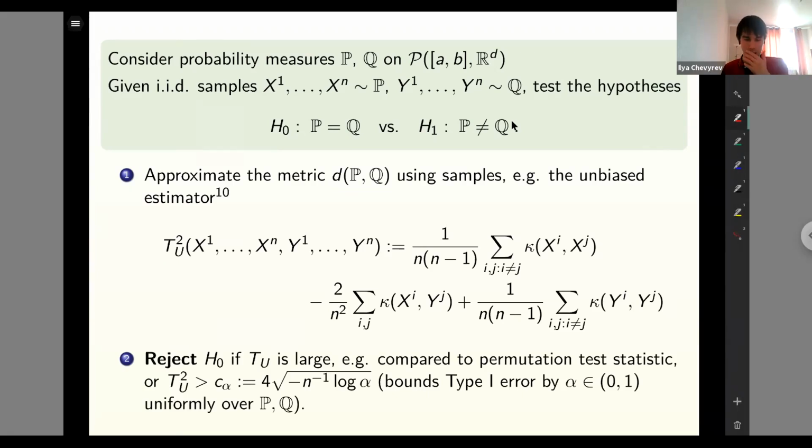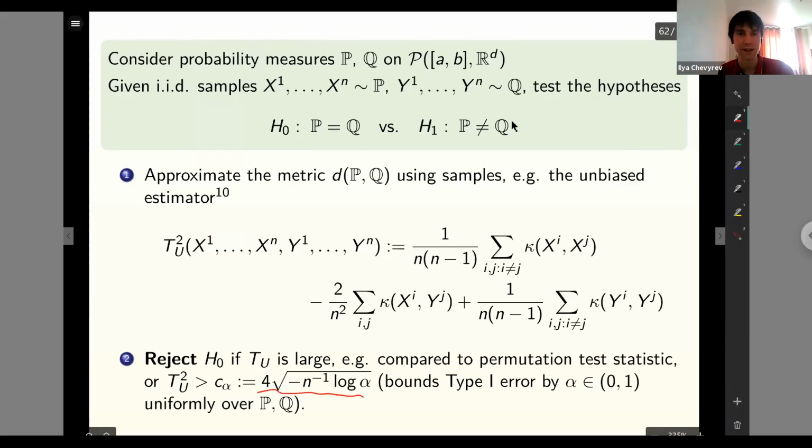So what we actually used was a permutation test statistic, but you can also use some sort of parametric or non-parametric lower bound on it. Again, in this paper, they also provided a value.